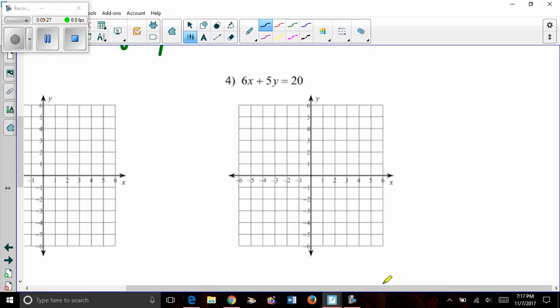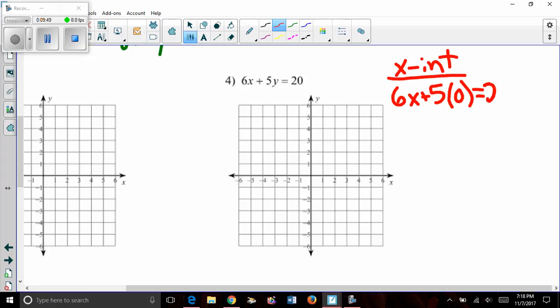Let's figure out number 4. Now, as a warning, I already know I'm going to have a fraction somewhere. Let's take a look. For our x-intercept, our first step is to take our equation and plug in 0 for y. When that reduces and simplifies, what we're left with is simply going to be 6x equals 20.